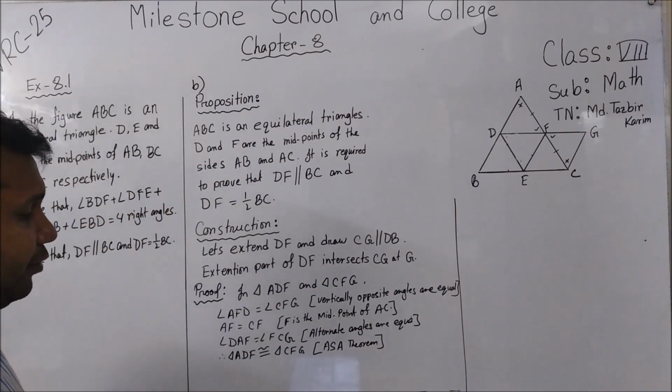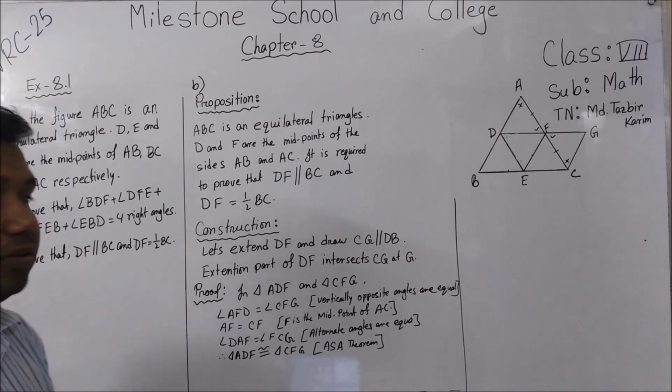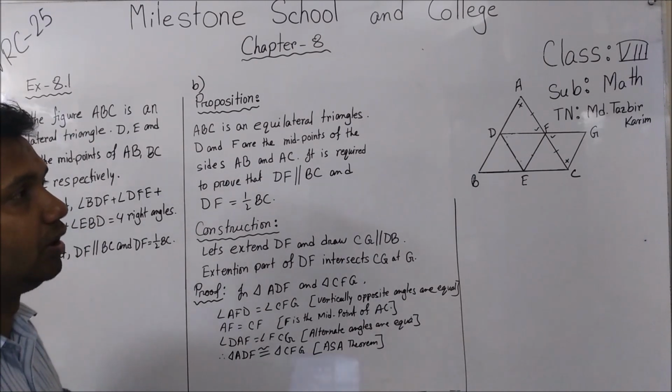So when we can say the two triangles are congruent, I can tell that all the rest of the things are equal.